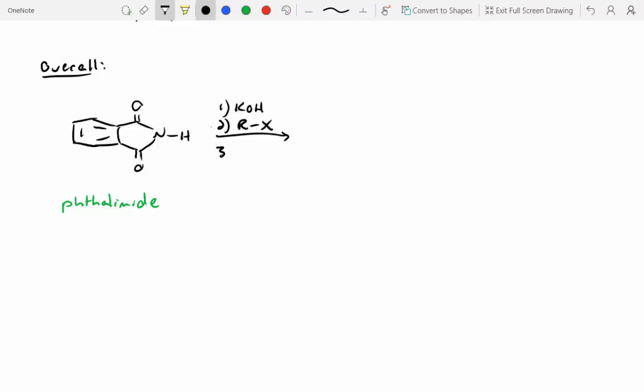And then step 3, you can treat this with H3O+, and I'll put a little note that this is slow. Or you can treat it with rocket fuel, which is hydrazine. This is fast.